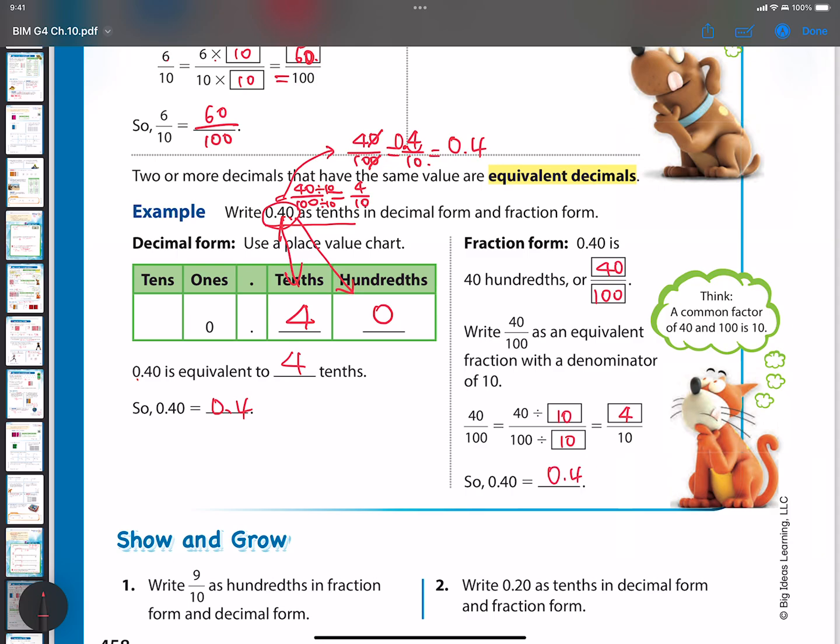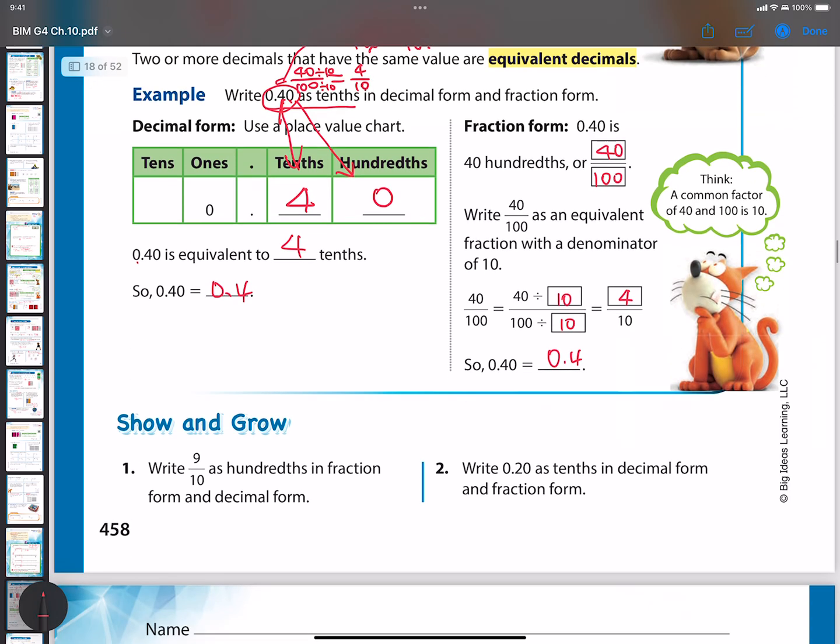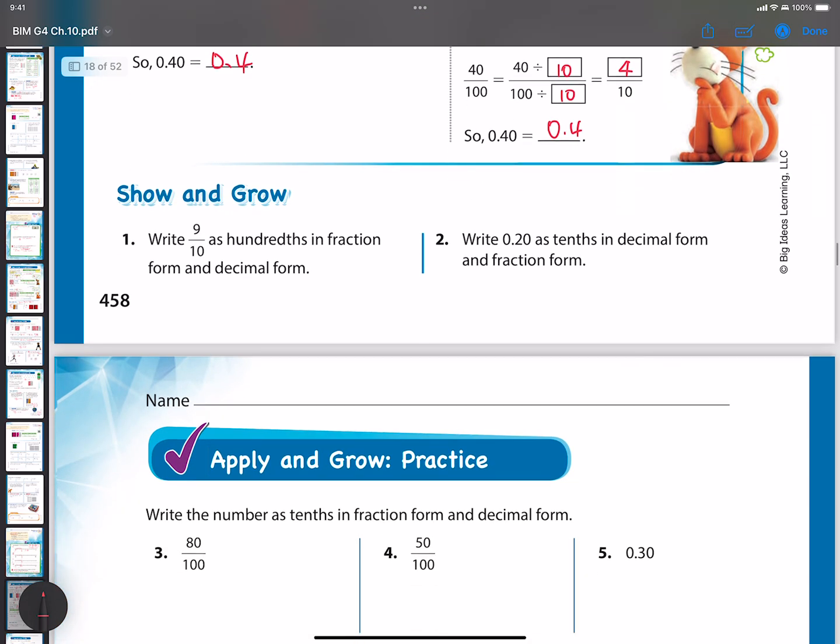I explained this already in the beginning, so it shouldn't be hard. All right, number 1, Show and Grow. Write 9 tenths as hundredths in fraction form and decimal form. As hundredths, that means you are multiplying by 10, which gives 90 over 100.